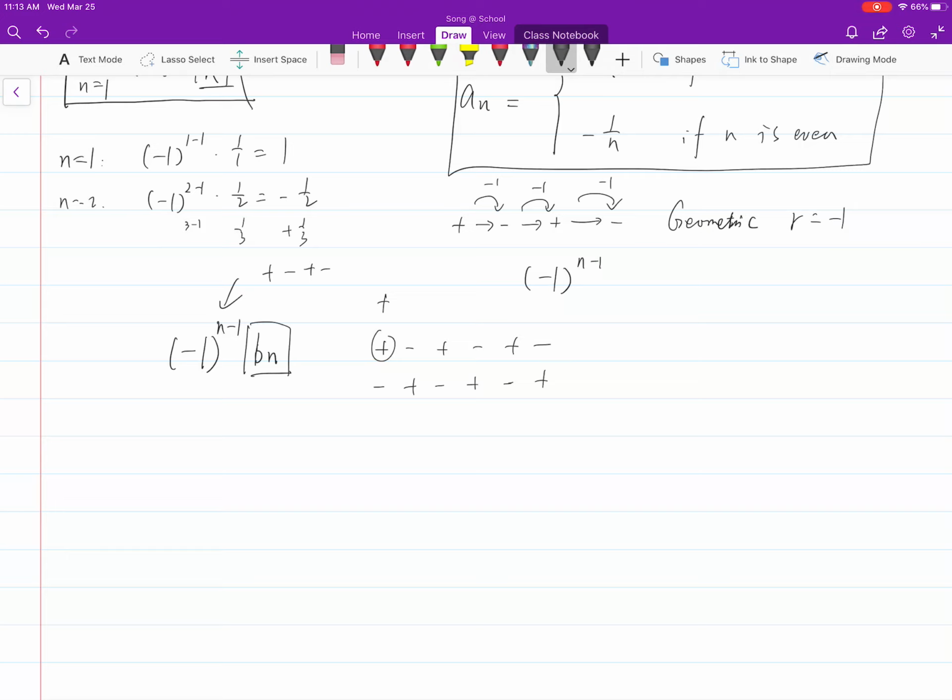The only difference is, for this one, you let n start from 1, you start from positive. If you want to start from negative, you just use negative 1 to the n instead, which means you add another negative 1 to the whole thing, which gives you something alternating that starts negative from the very beginning.